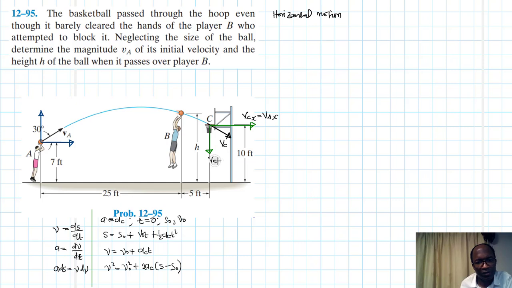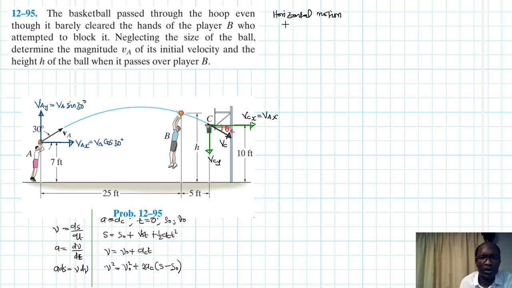Then this is VCY, and this angle here is theta C. Then here we have VAY, which is equal to VA sine 30, and this is VAX, which is equal to VA cos 30.